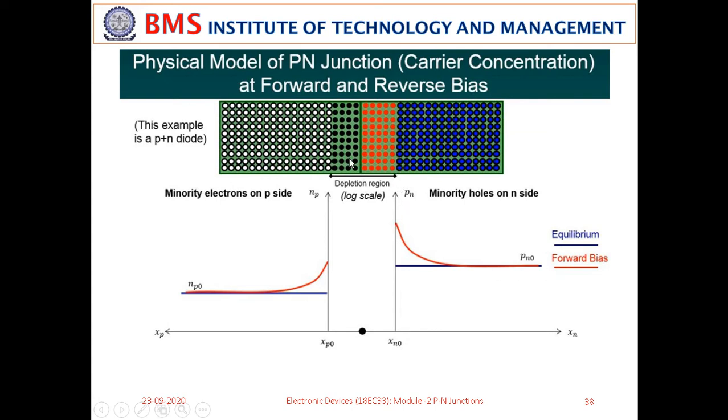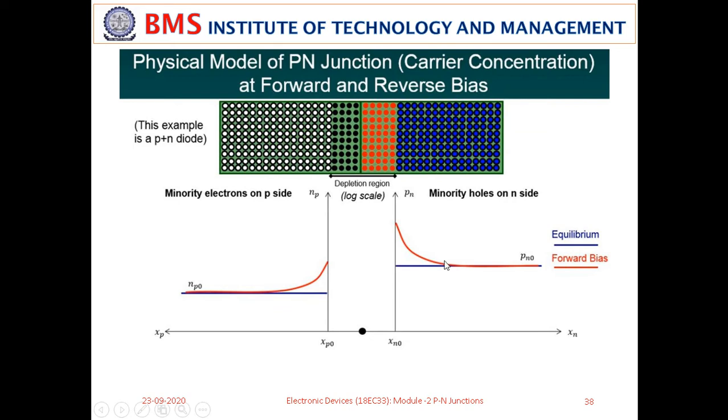You know that the holes will get injected from the P side to the N side, and as they get injected to the N side, you can see that there are a lot of electrons present here, and the holes coming from the P side recombine with these electrons. As I told you, I already introduced Lp, the diffusion length of holes.